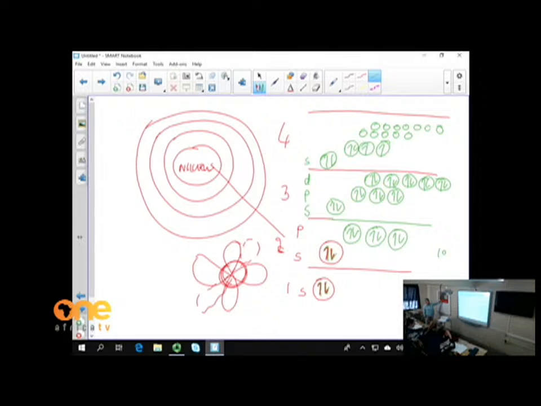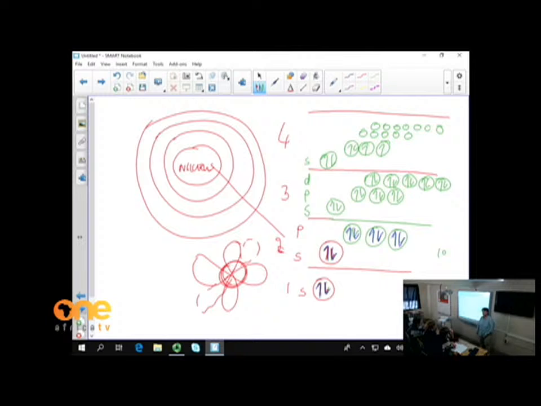Yes, that is why they are there. There's a very specific reason for the shape of that periodic table. Yes? 10 electrons will go. 1, 2, 3, 4, 5, 6, 7, 8, 9, 10.